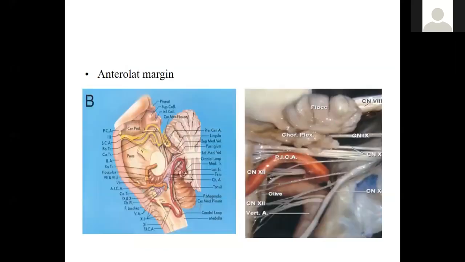Here again, we have an image that depicts the anterolateral margin and the posterior inferior cerebellar artery. As we said, here we have fibers of the vagus nerve, we have the glossopharyngeal nerve, so we have the retro-olivary sulcus, and as it passes anterolaterally and posterolaterally, it encounters these different rootlets of the various cranial nerves.